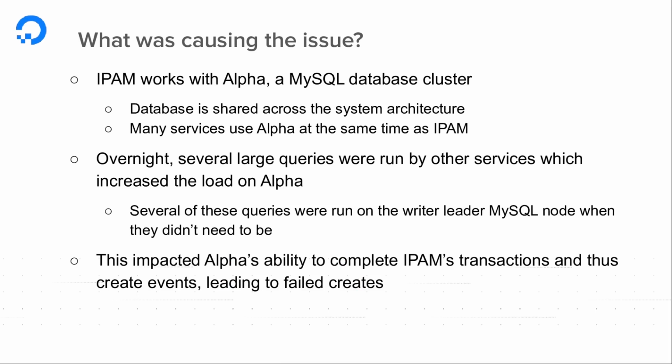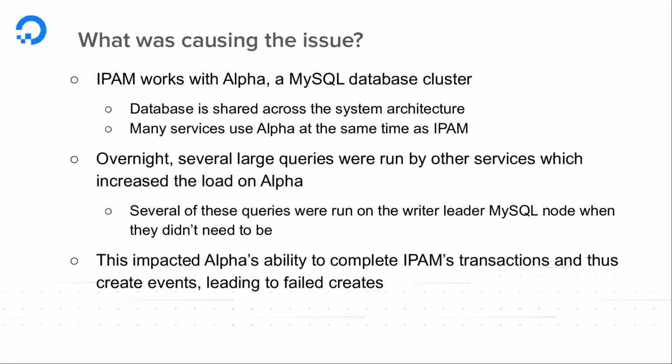And we basically figured out that the issue is that because Alpha is a shared database cluster and it's shared across our system architecture, we have a lot of services that use Alpha at the same time as IPAM. And in fact, when this incident first occurred, which was late at night, we actually have our system set up to run several large queries overnight that create an increased load on Alpha.